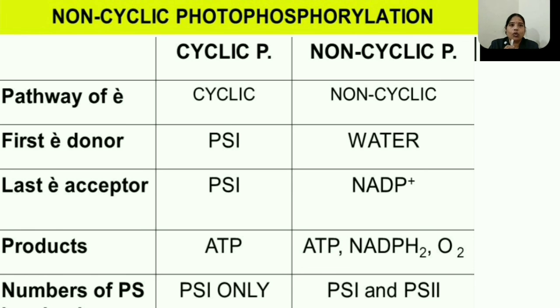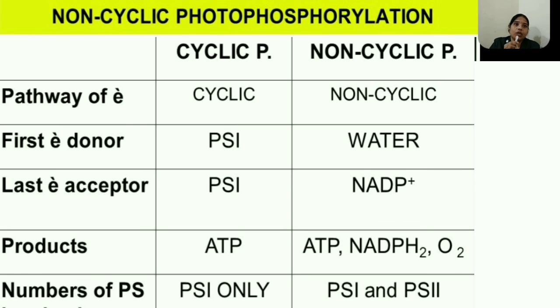The first electron donor in cyclic is photosystem I, which donates the electron to the primary electron acceptor, but in non-cyclic the first electron donor is water. The last electron acceptor in cyclic is photosystem I, and in non-cyclic it is NADP, because NADP binds with H plus and is converted into NADPH2 with the help of the enzyme NADP reductase.